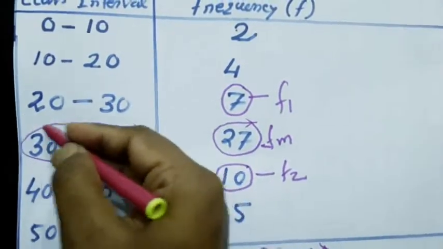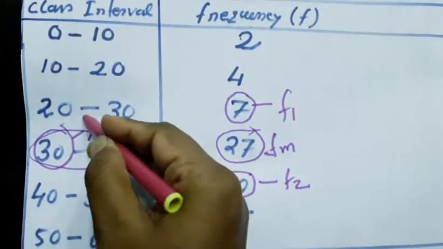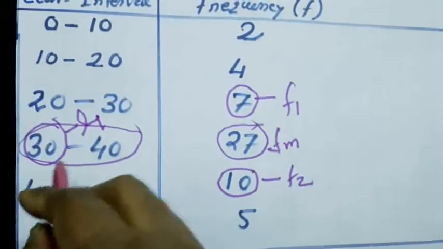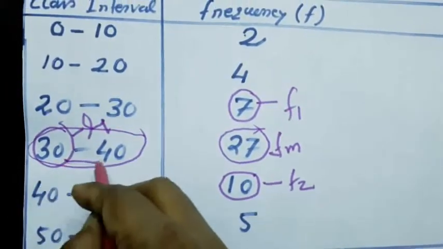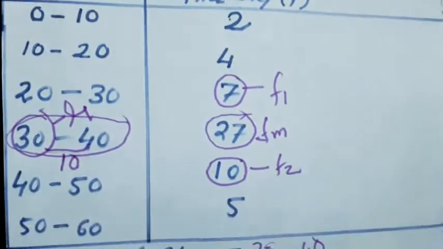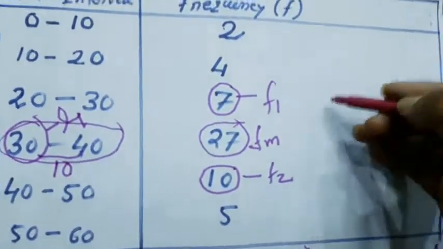It means this 30 represents the lower limit, L1. And what is the gap here? 30 to 40, the gap is 10. It means I is 10. So what have we got?